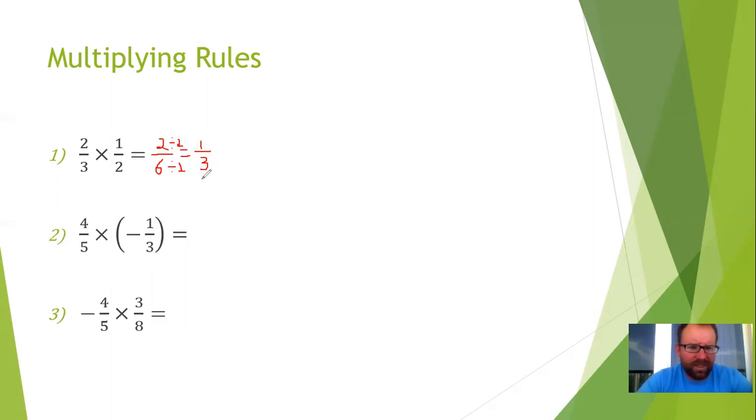It's as easy as that. So now here's my integer rules. We have 4 times negative 1. Positive times a negative is going to give me a negative, so I'm going to have a negative 4.